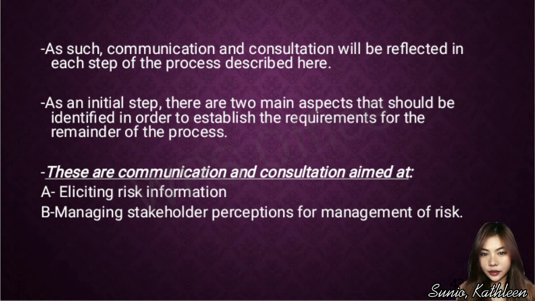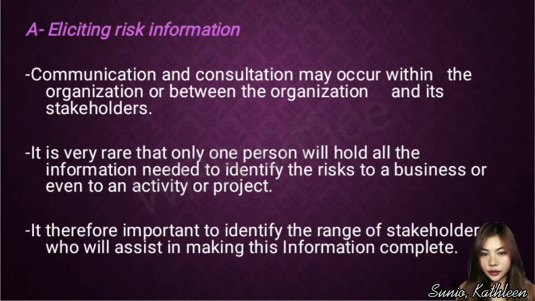As an initial step, there are 2 main aspects that should be identified in order to establish the requirement for the remainder of the process. These are communication and consultation aimed at eliciting risk information. Communication and consultation may occur within the organization or between the organization and its stakeholders.